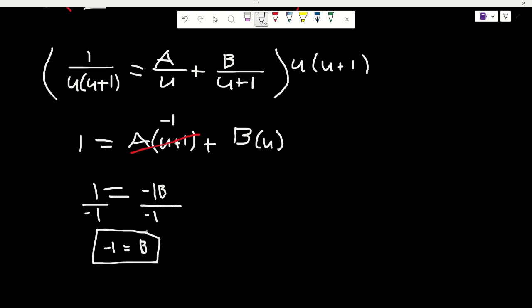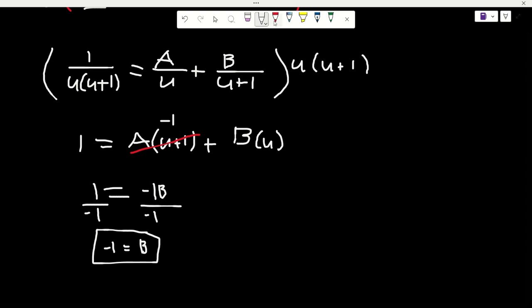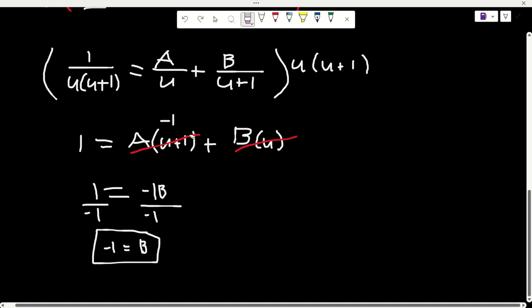We have this one. Now let us find the value of a. Previously we used negative 1 as a value of u, so that we can cancel this. Now here, let us equate u as 0. So if we let u is equal to 0, then this will cancel, this will cancel, and this will cancel.